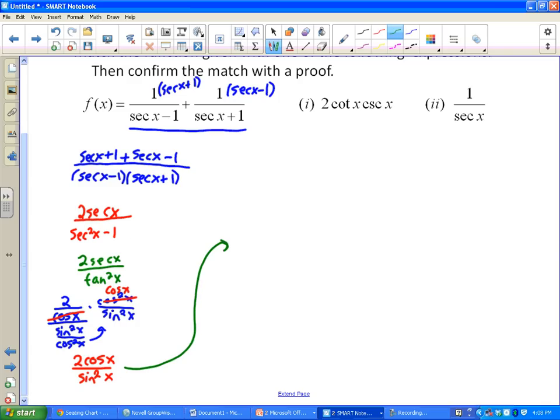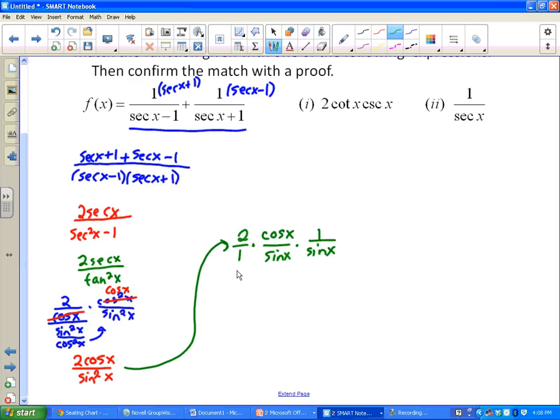I'm going to come back up here and start writing. Here is something tricky that hopefully after this you'll be able to recognize. I can split 2 cosine x over sine squared x into 3 different fractions. 2 over 1, cosine x I can pair up with one of my sine x's. Then the other sine x doesn't have anything to pair with.